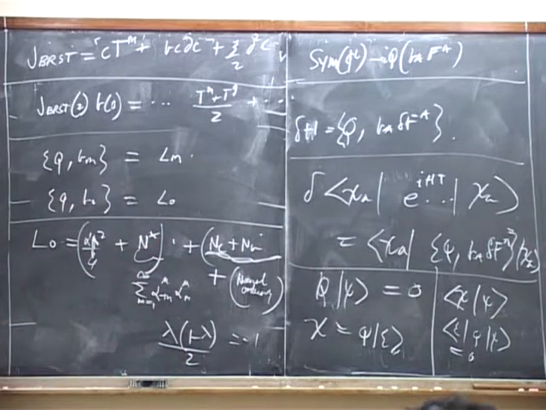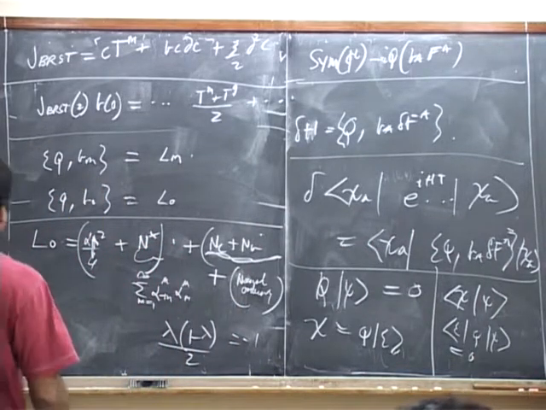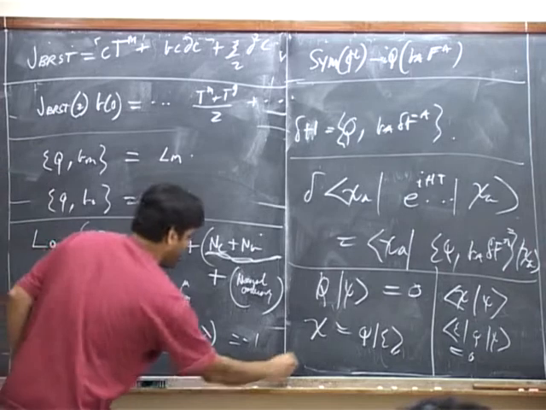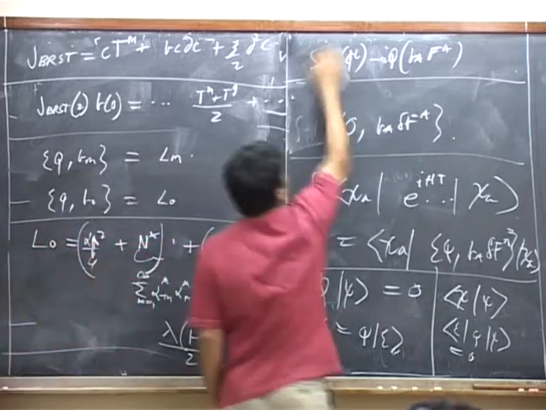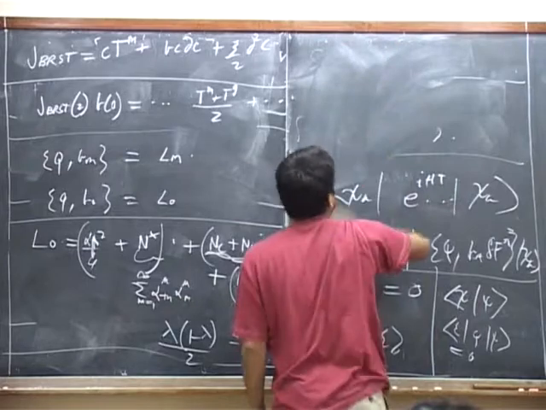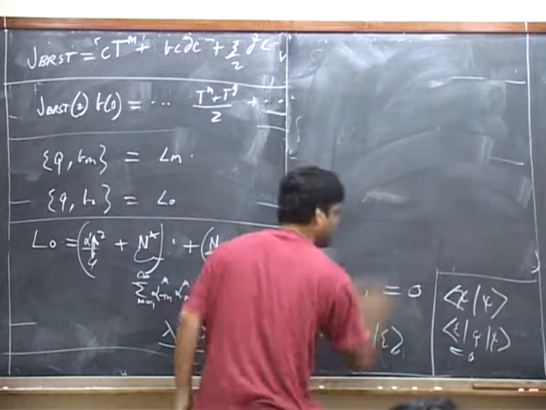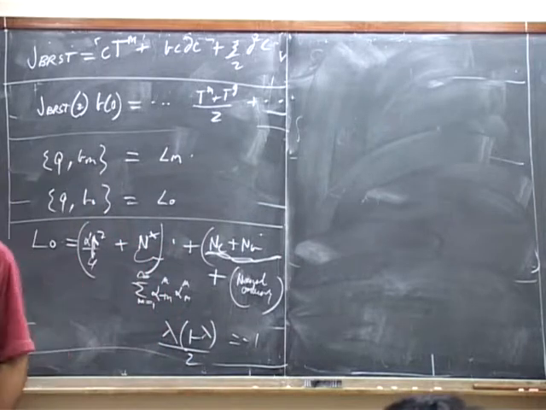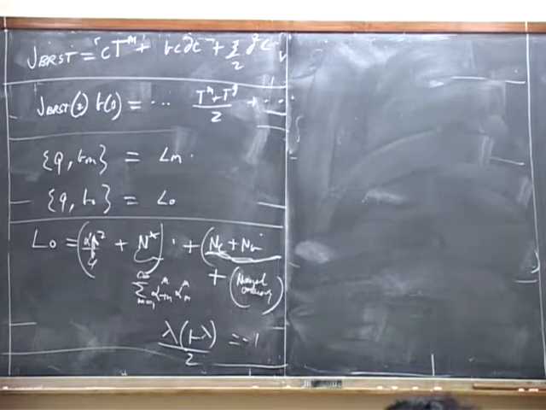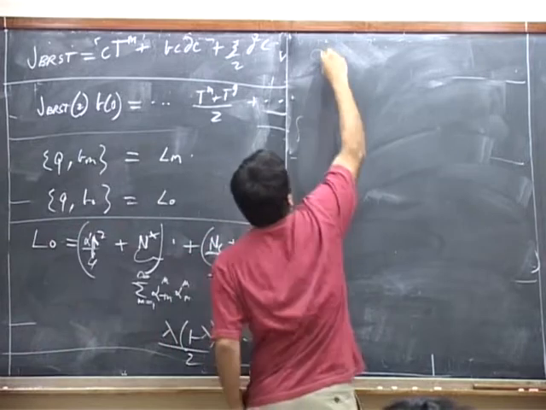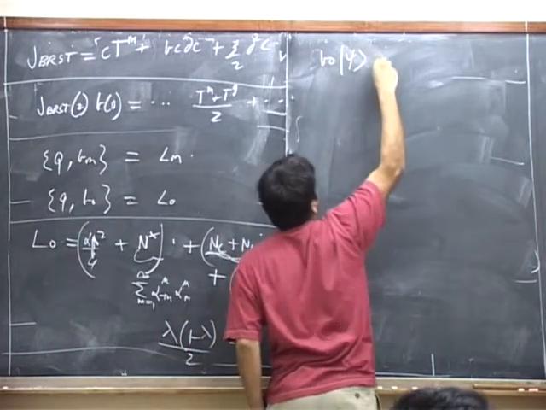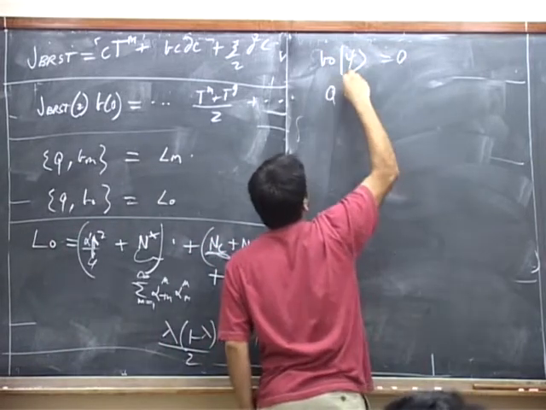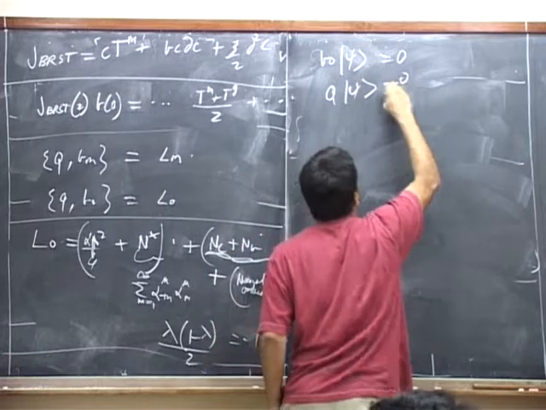Why was I saying all of this? I was saying all of this because, you remember that we started more or less this lecture by saying that we're going to impose the condition B0 on psi is equal to 0 and Q on psi is equal to 0.